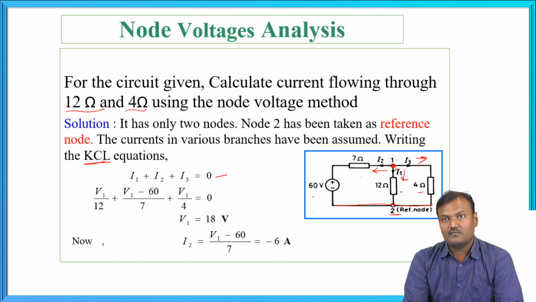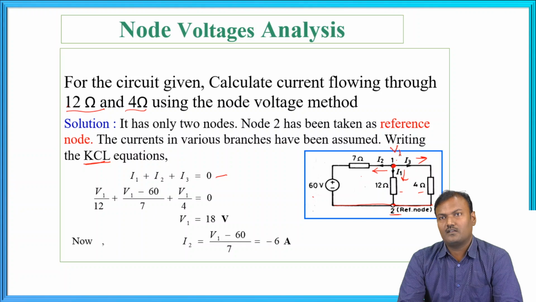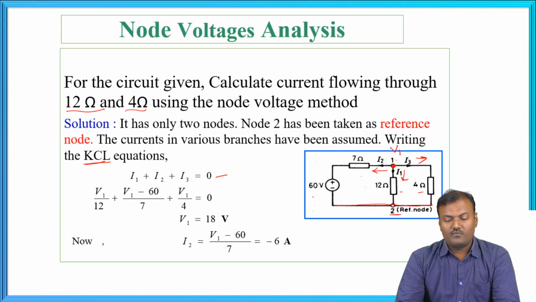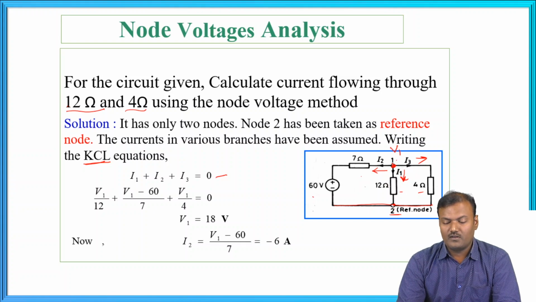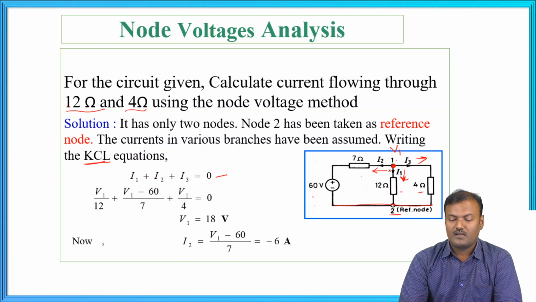So I1 is the current and V1 is the potential assumed to be present at that point, that is node 1. So V1 divided by 12 is the current flowing through this 12 ohms. The potential is V1, and the reference node potential is 0. So it is V1 by 12 plus V1 minus 60. Here we are connecting positive potential to positive potential.